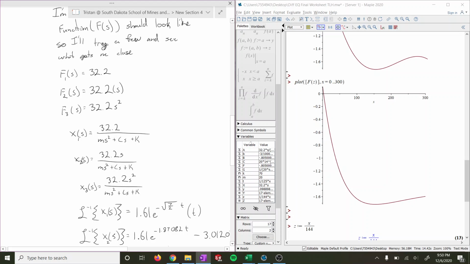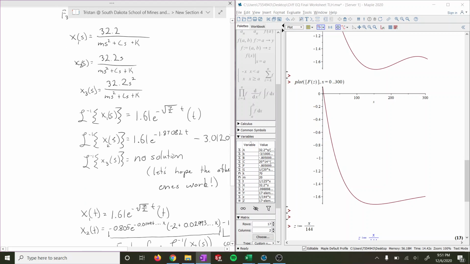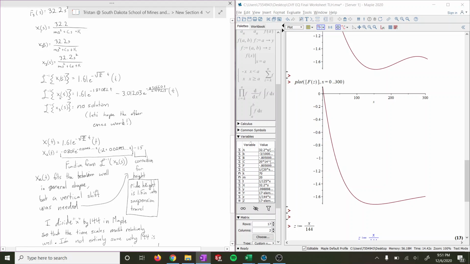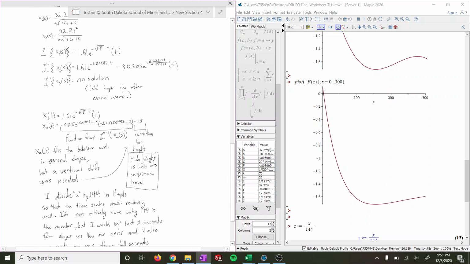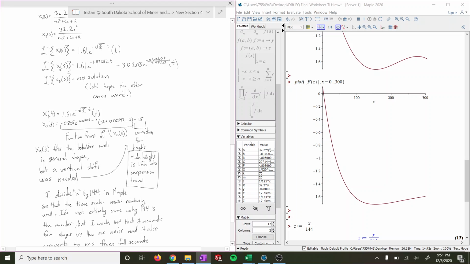The quadratic function there I was going to use, of course, 32.2 coming from the acceleration due to gravity. The quadratic there you're not actually able to do an inverse Laplace transform of, so it didn't really work out. I used Wolfram Alpha for the calculations of the inverse Laplace transforms, and then I went ahead and did it again in Maple just to be sure that there was nothing that I was screwing up.